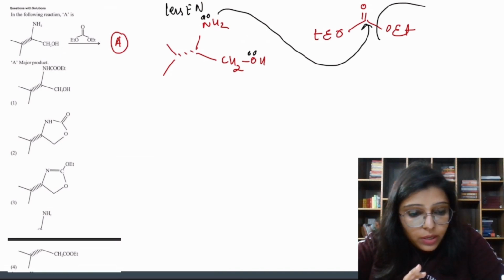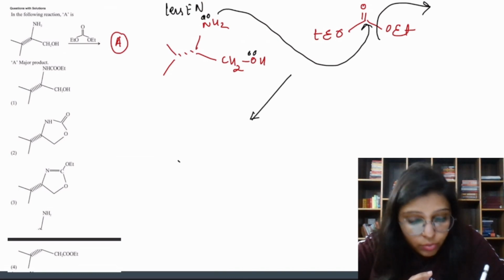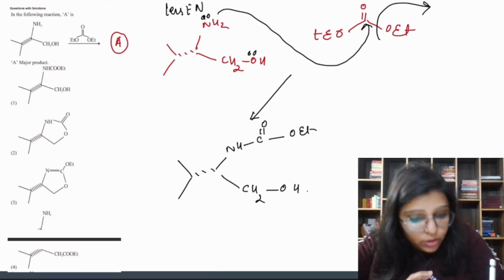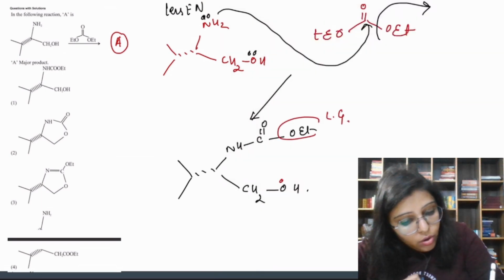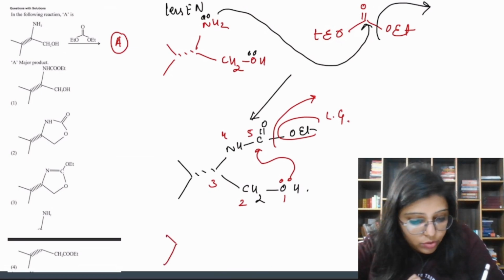So it attacks over here and OEt leaves. So from this, we are going to write NH-C double bond O-OEt and then CH2OH. Now, we have a leaving group over here. So now oxygen can attack over here and OEt leaves. By doing so, 1, 2, 3, 4, 5, we will have 5-membered ring formation.